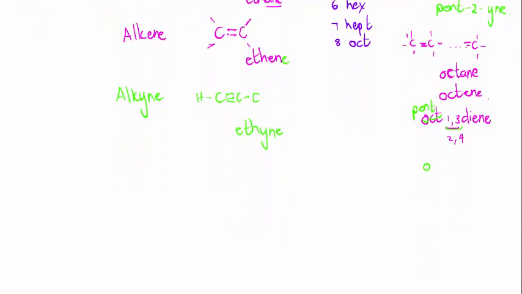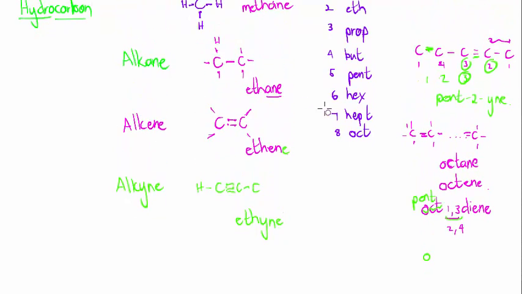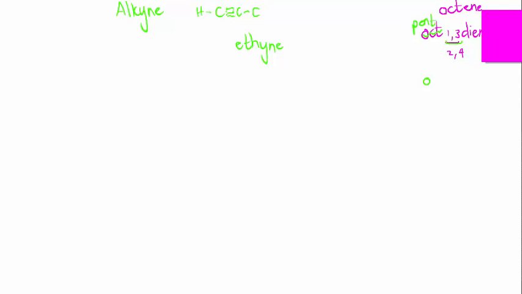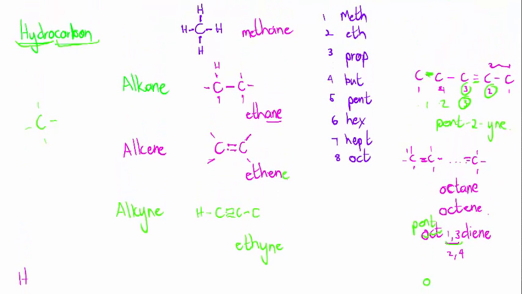Now, in these ones, we've always looked at carbon bonded either to a hydrogen or to a carbon, and whatever bonds it had left were bonded to hydrogens. Now, let's quickly look at the forces.